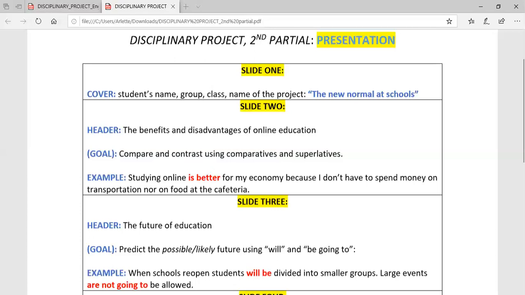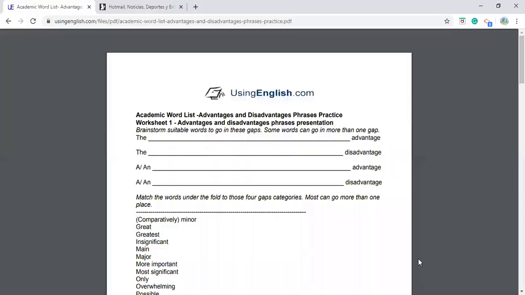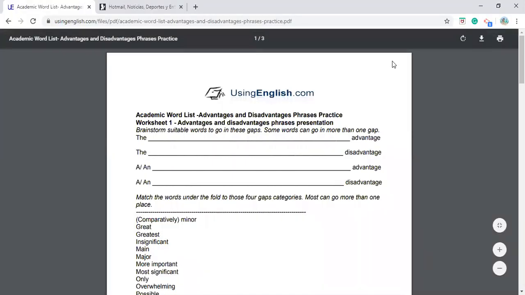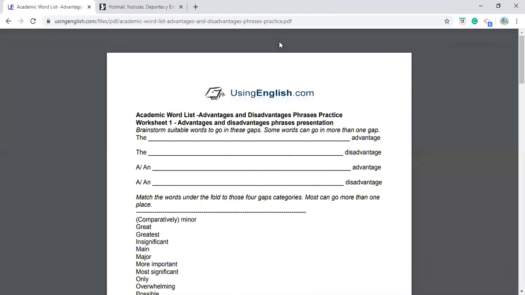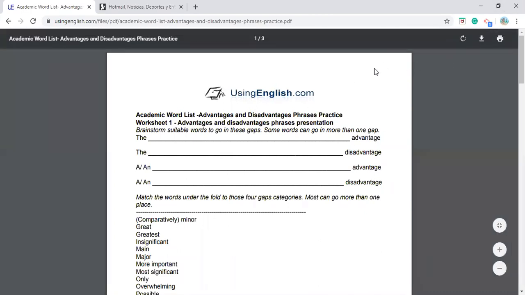Okay, so I'm going to show you that vocabulary that you can use also. Apart from the comparative and superlatives, of course, you can use this vocabulary I'm showing you. I'm going to make it bigger.